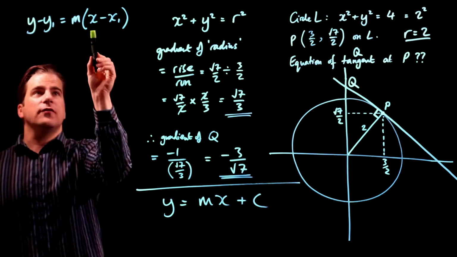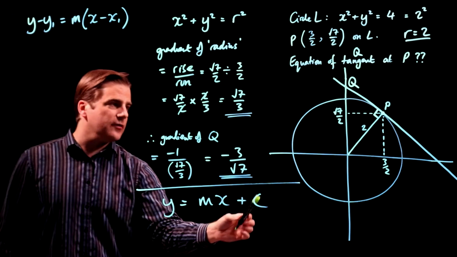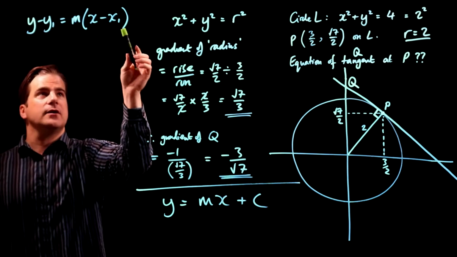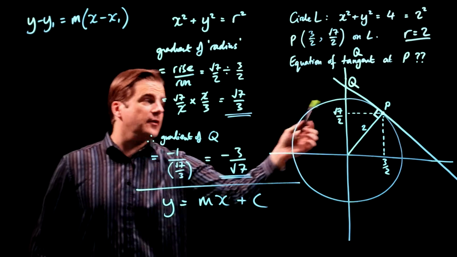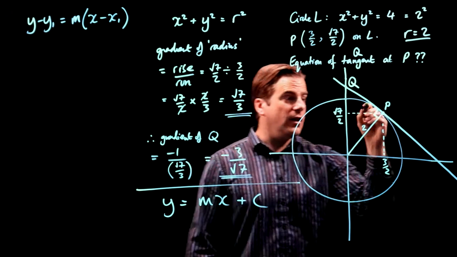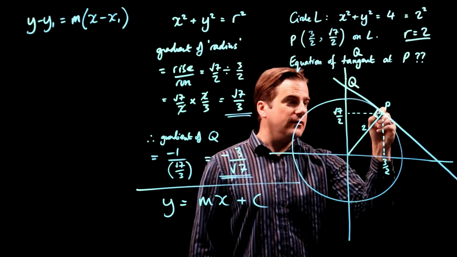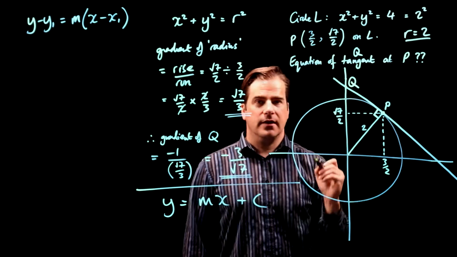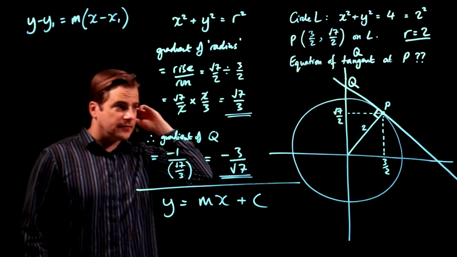So this is often more useful than the other one, because that equation restricts you to the point on the line where it crosses the y-axis. But this one is great because you're not restricted to that particular point. The point x1, y1 is any point on the line, and we know the coordinates of the point P, so we just stick them in and we get the answer. That's why we're going to use this version.